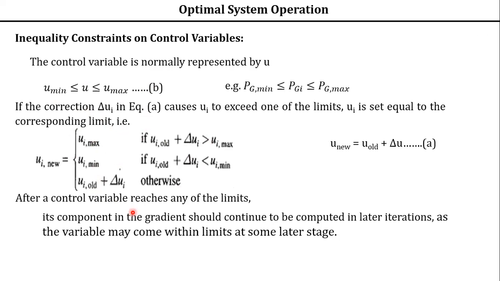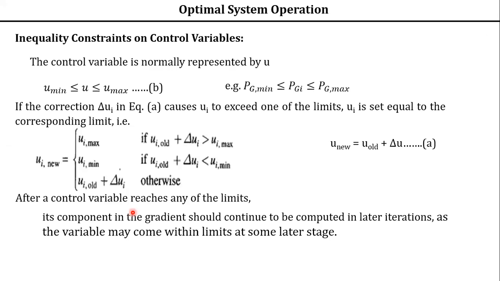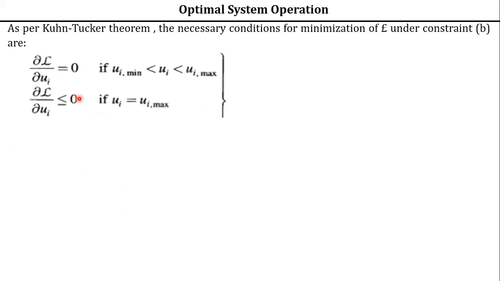Now, the necessary conditions for these inequality constraints are obtained by applying the Kuhn-Tucker theorem, and those are known as Kuhn-Tucker conditions. Understood? These are the necessary conditions for minimization of your Lagrangian under constraint B. What is constraint B here? The inequality constraint. Clear? Please remember that.